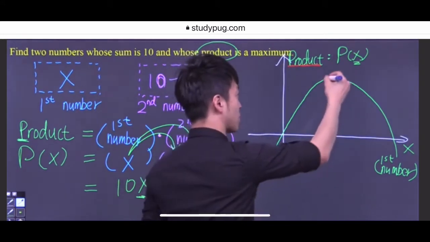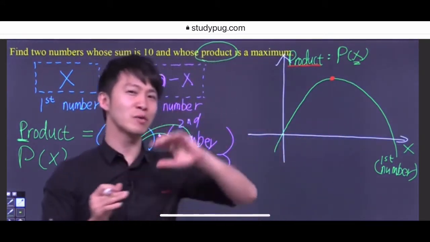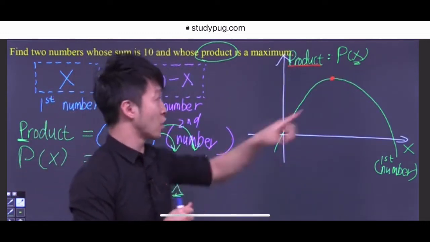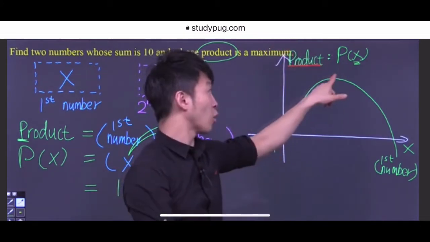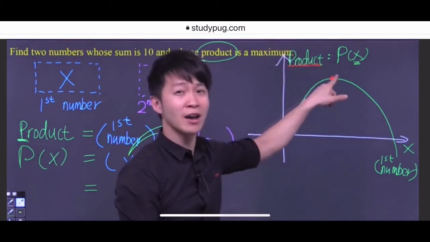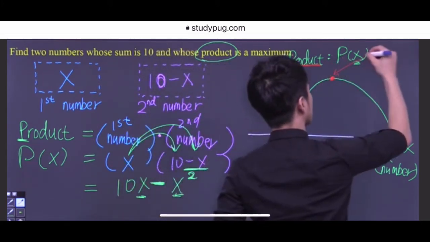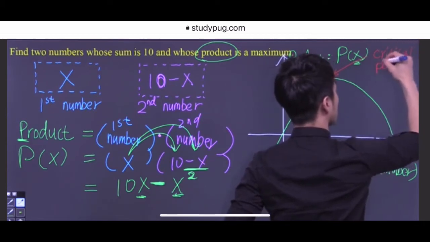And from the previous section, when we talked about critical numbers, we know that a local extreme, whether it's a local maximum or local minimum, always occurs at critical points. So this is going to be our critical point.